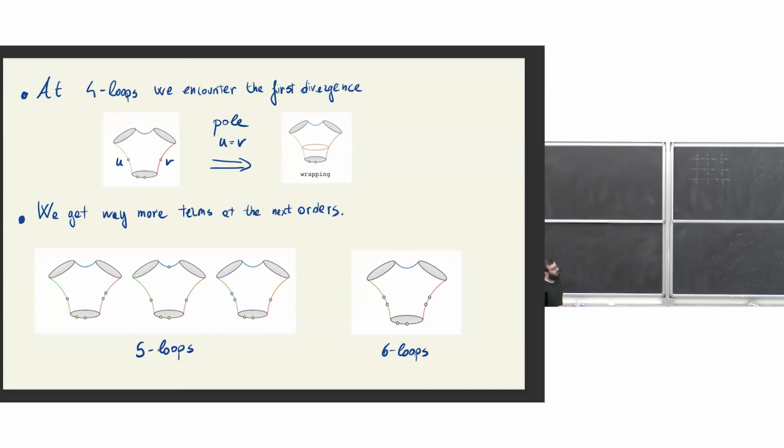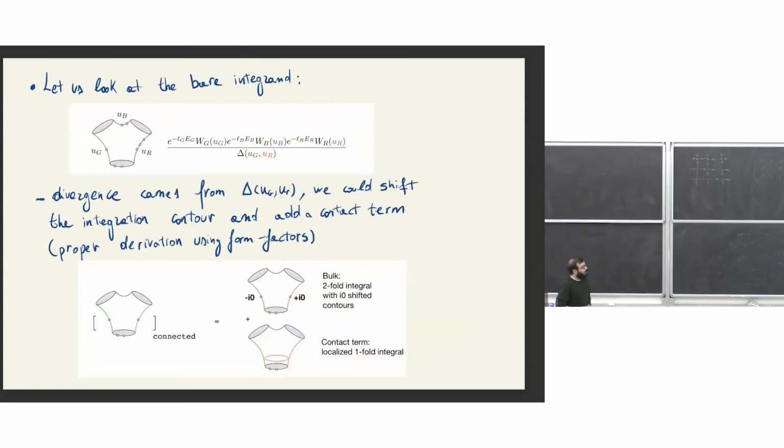This is clearly bad, but you don't want to throw all this hexagon formalism away, because it matches perturbative data, so there is some truth in what we're trying to do. So you need to uncover some renormalization procedure to get rid of these poles, and this is exactly the scope of our work. So the first thing that one needs to try and understand is how these divergences arise.